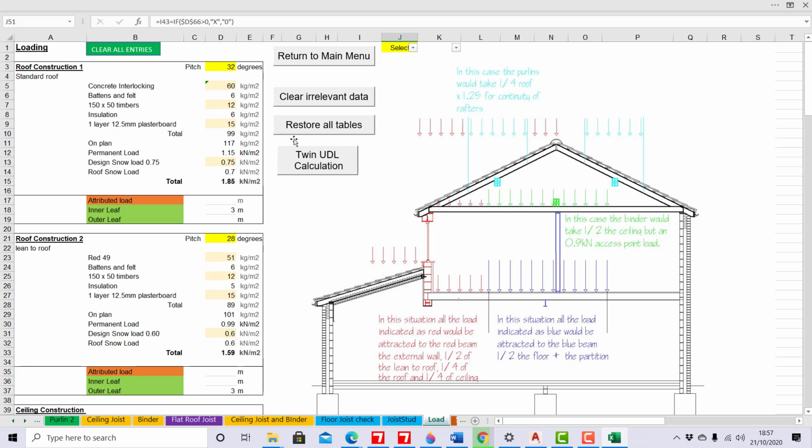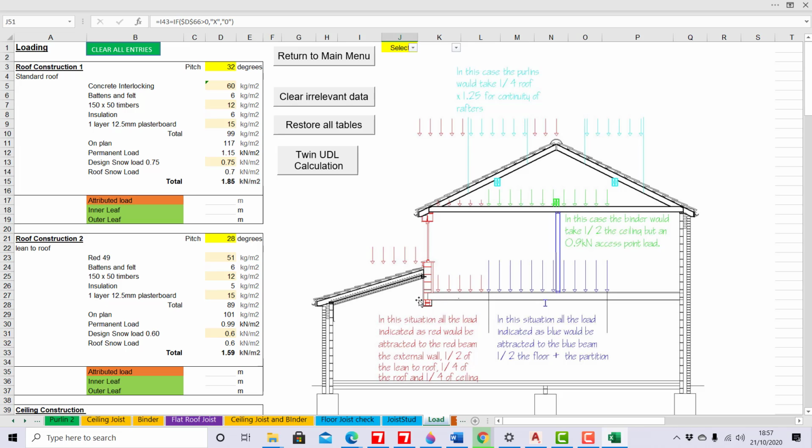and then up will come this. Now you can see here that there's already data in there. The first thing you need to do is to clear all those entries, and there we go, we've cleared the entries. Now what this effectively does, this is the same diagram that's on the menu.